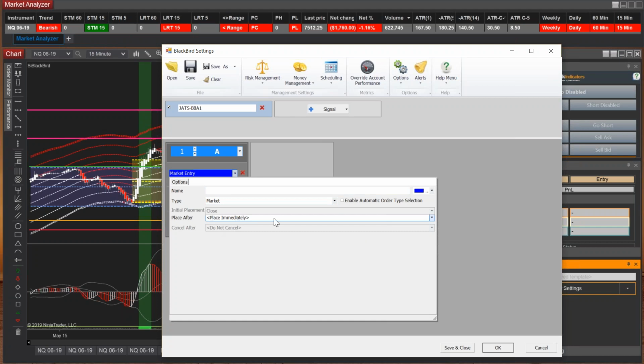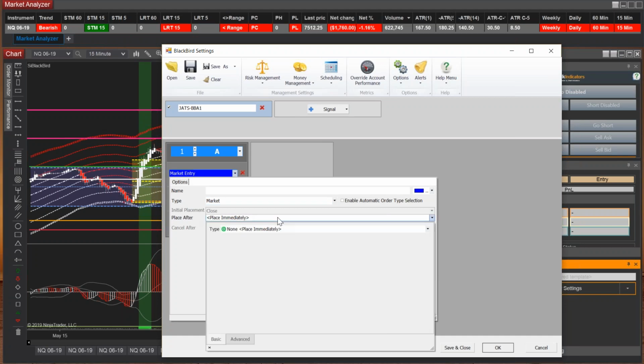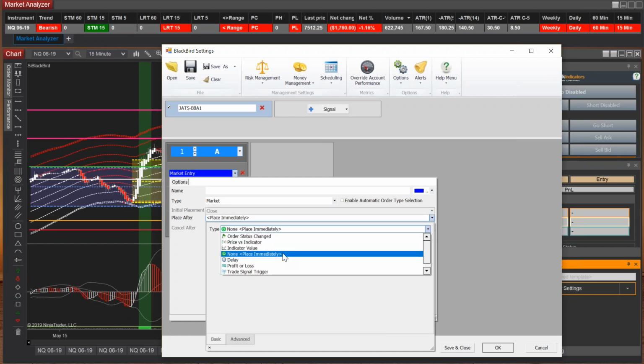And ordinarily you would just want the signal when the signal first appeared on the bar close, right?